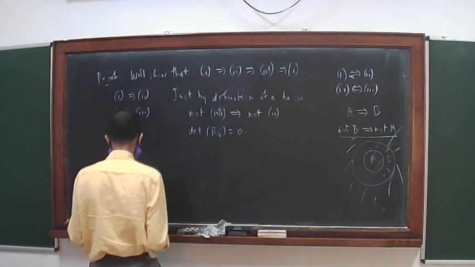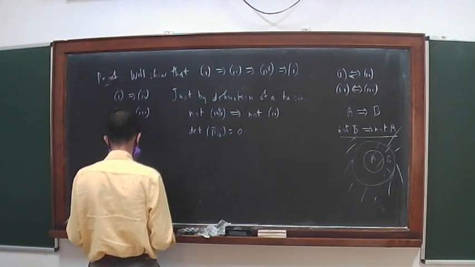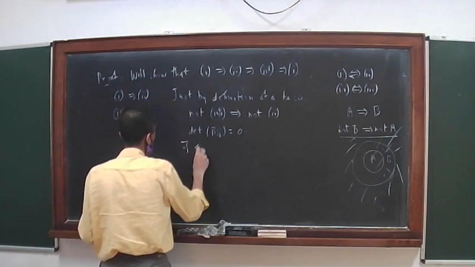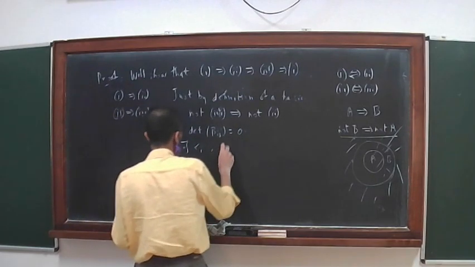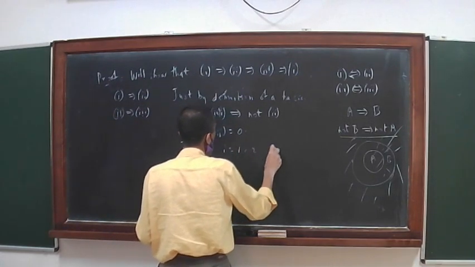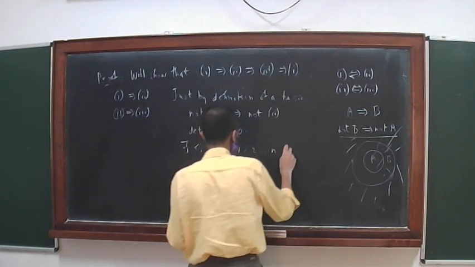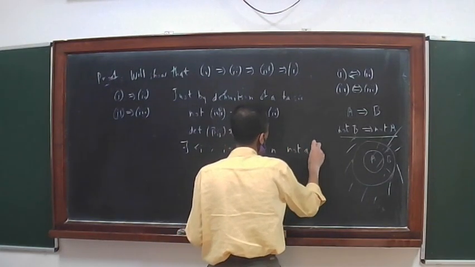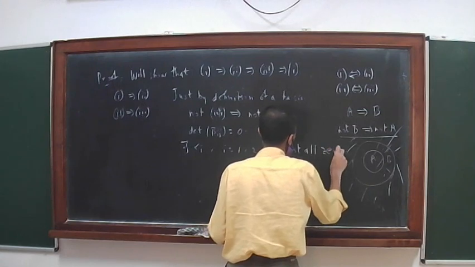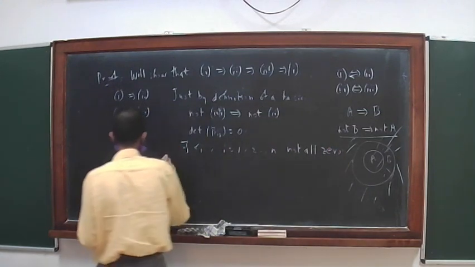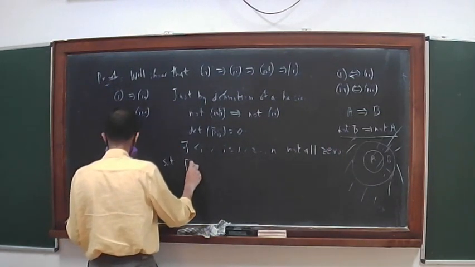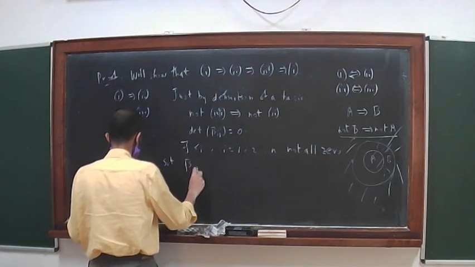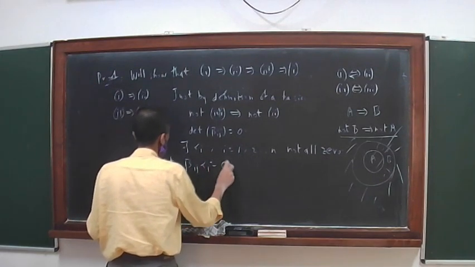Since determinant of beta ij is equal to 0, there exist alpha i, i equal to 1, 2, up to n, not all 0, such that beta ij alpha i is equal to 0.